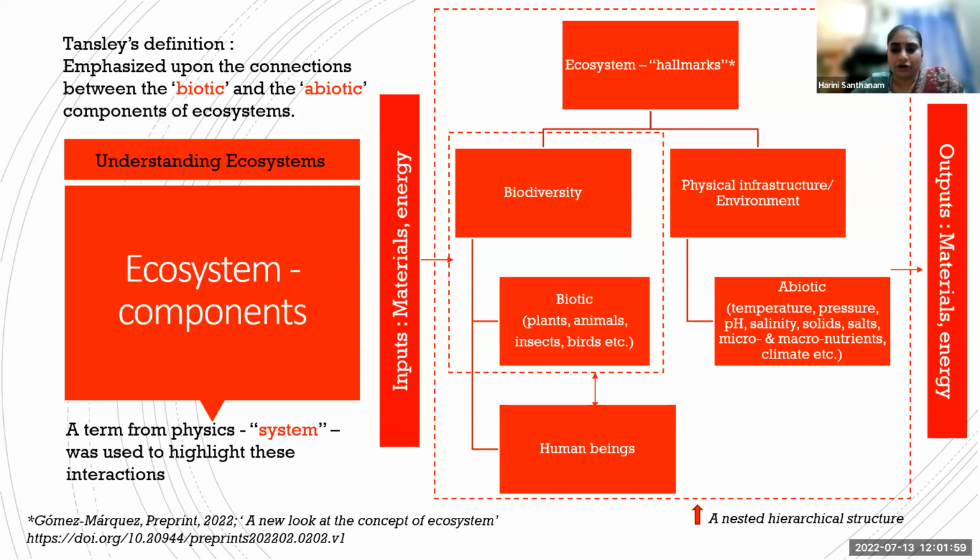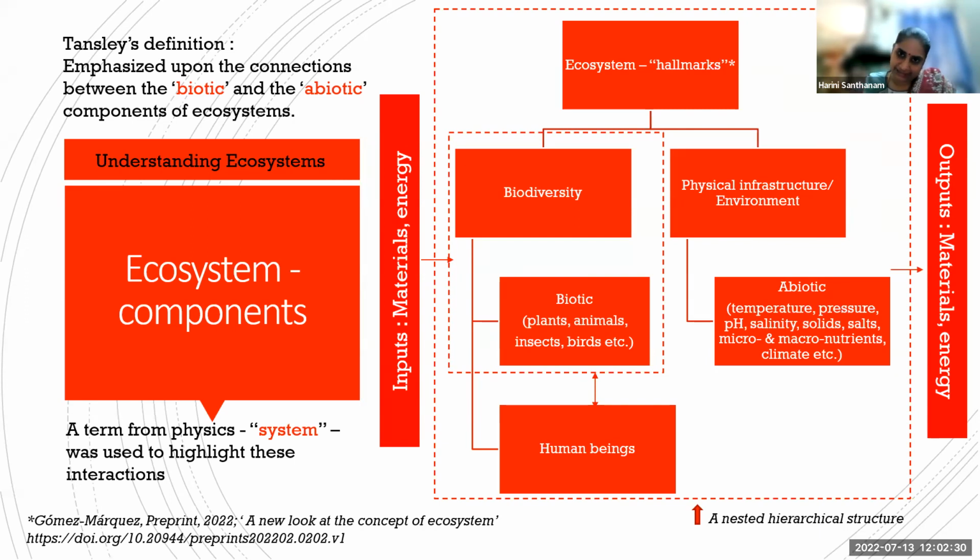So here the abiotic components influence the biotic components in different ways, and this gives rise to biodiversity and also sustains it. Now we know that to sustain, we need materials in the form of nutrients, and we need energy, which facilitates their mixing with the biotic components. By this process, we come out with materials and energy in different forms. So input, there is material, and output, there is material.